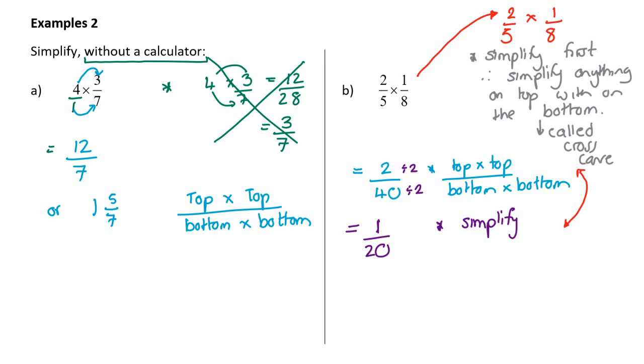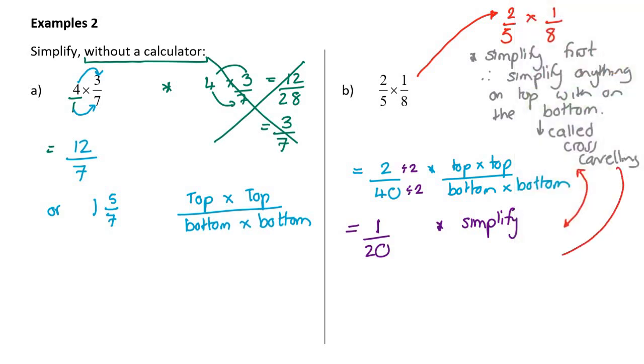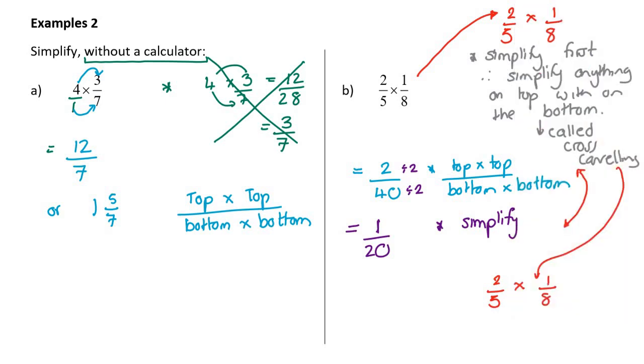Now I'm running out of space here, so what I might do is now kind of just pop down here. So what this method involves is me saying to myself, right, is there anything on the top which can be simplified with something on the bottom? So by that I mean, can I divide something at the top by a number and divide something at the bottom by the same number, which is exactly how I simplified that.